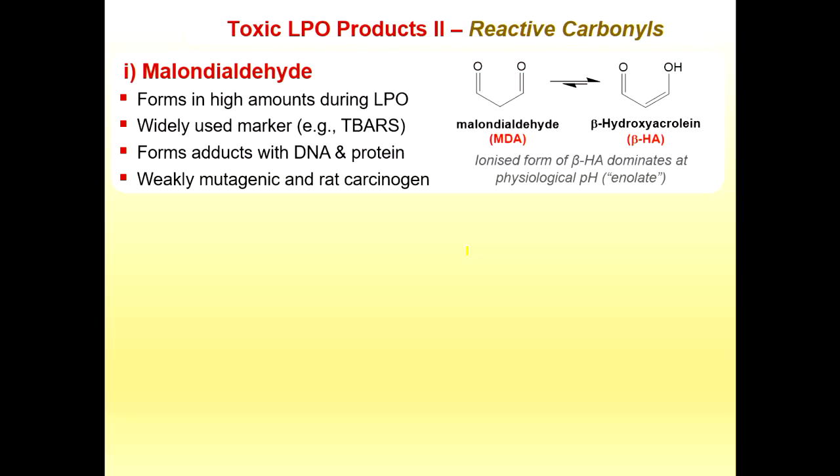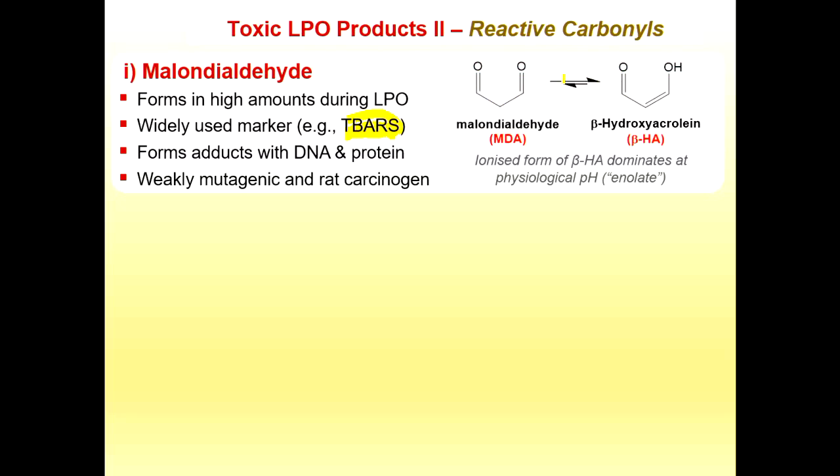The one we're going to be looking at today in our lab is malondialdehyde, a very widely used marker of lipid peroxidation. Today we're going to use the TBARS assay. We use a reagent, thiobarbituric acid, which of course reacts with malondialdehyde as well as other products. Malondialdehyde has complicated chemistry for a molecule that just has 3 carbons and 2 oxygens attached to it.